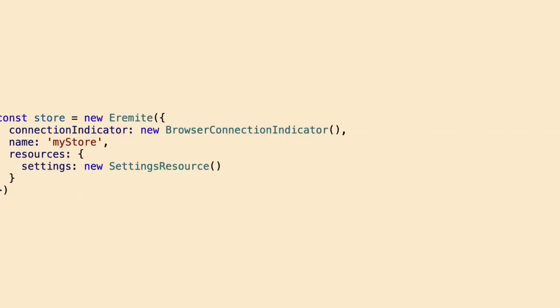So this is our settings resource. This is how we would use it. We define our RMIJS store. We give it a name. We give it the resource. We can have multiple resources as well, of course. And we have this connection indicator, which indicates if there is a connection to our backend or not.